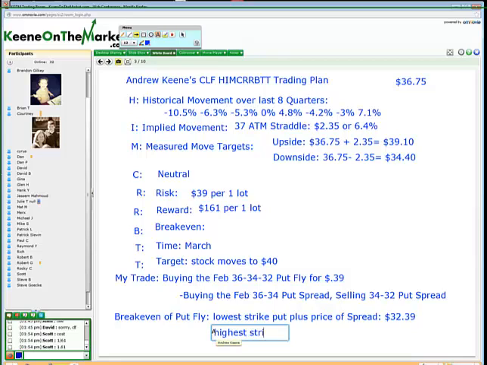The highest strike put minus the price of the spread, which is going to be 35.61.